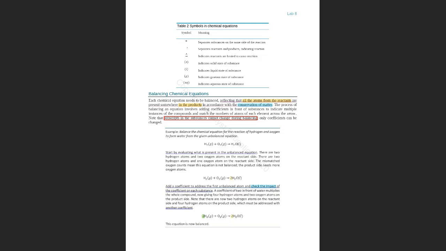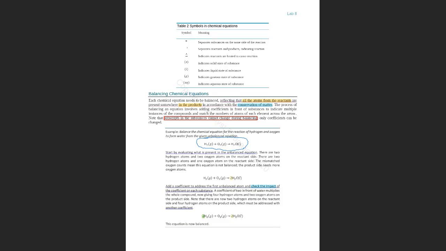Okay, they are giving us an example. For example, they are giving us this chemical equation. Hydrogen reacts with oxygen to produce water. How do we balance the equation?